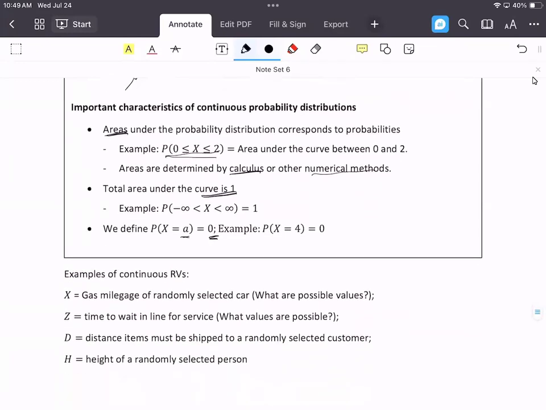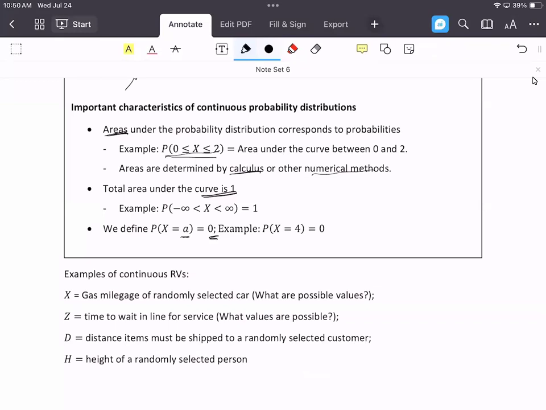Some examples of continuous random variables, remember, they can take on an infinite number of possibilities. Gas mileage of a randomly selected car. What are the possible values? Let's say you think it's 30 miles per gallon. That's what your little display on your car says when you look at the average miles per gallon.